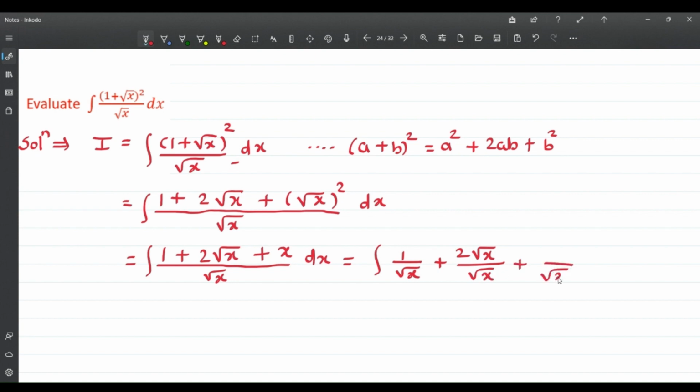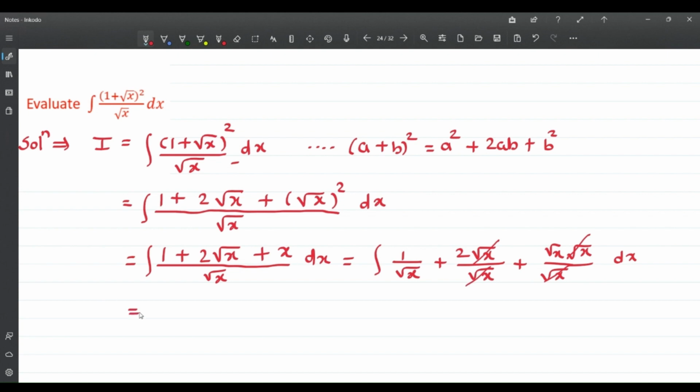Now this x can be split as root x into root x, so the root x terms will get cancelled.